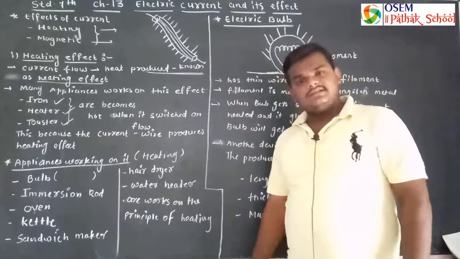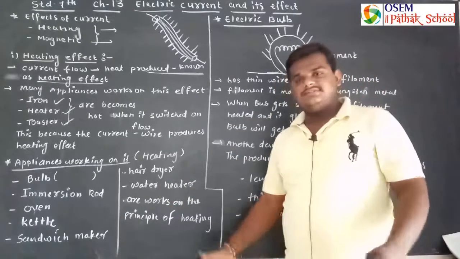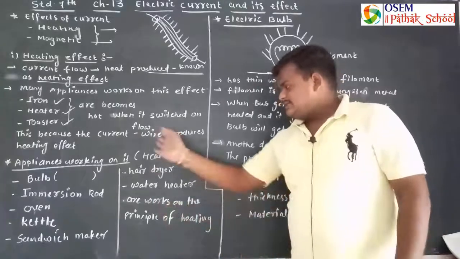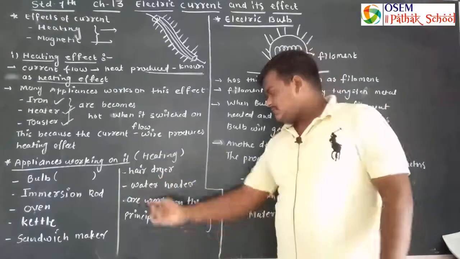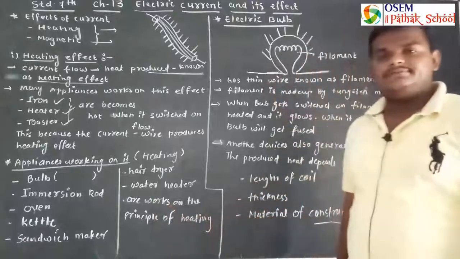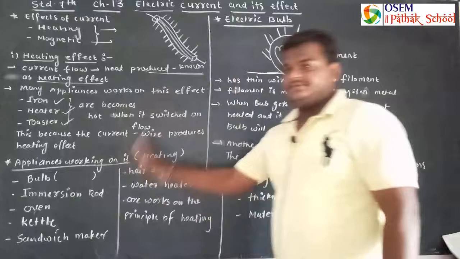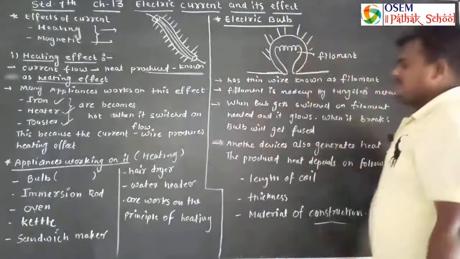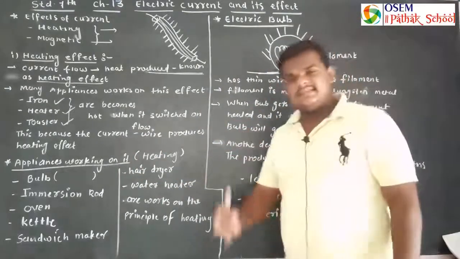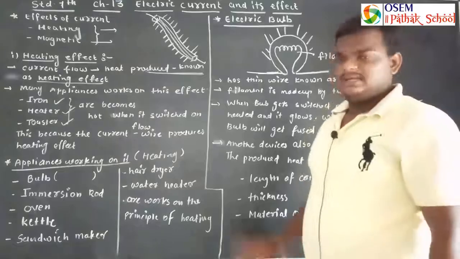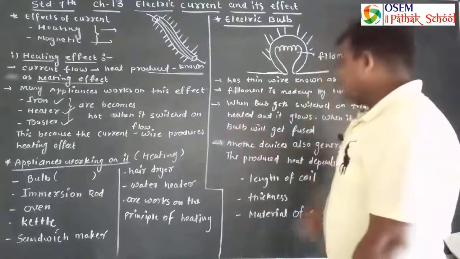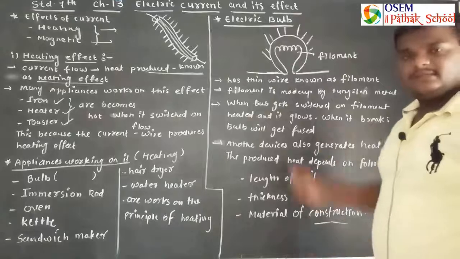Then the water heater, that we all know, and these are the appliances working on the principle of heating. Now out of these we will learn about the bulb and the second appliance, the fuse. First of all we are going to learn about the electric bulb.